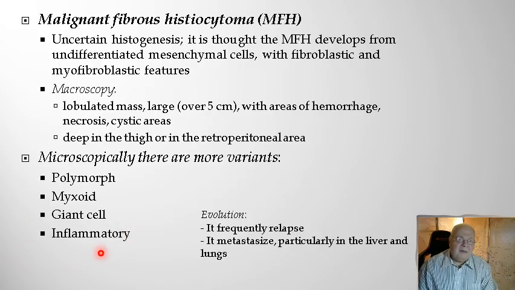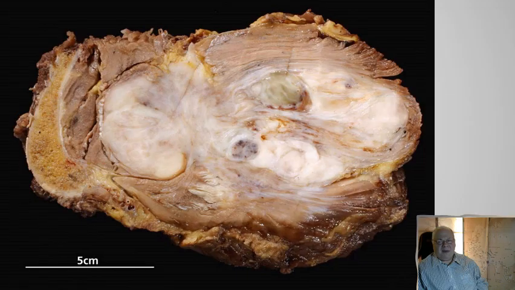So it's a very difficult diagnosis of exclusion of other malignant tumors. It's an extremely aggressive malignant tumor, appearing mostly deeper than the superficial fascia, having more than 5 centimeters in diameter, having hemorrhages, necrosis, and cystic degeneration inside, and frequently being as deep as the retroperitoneal area.